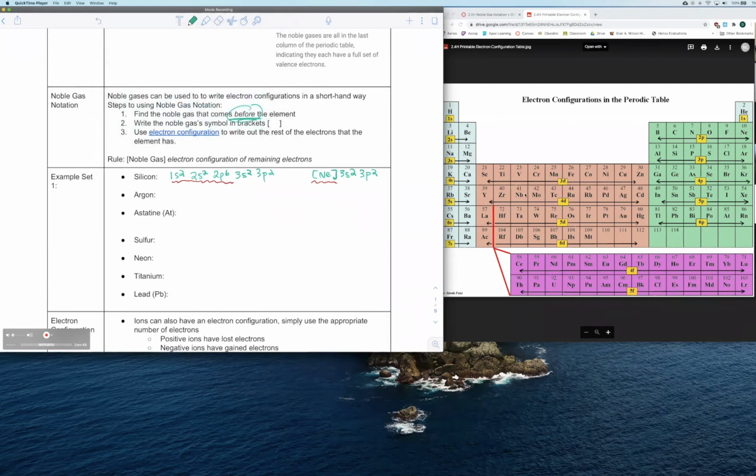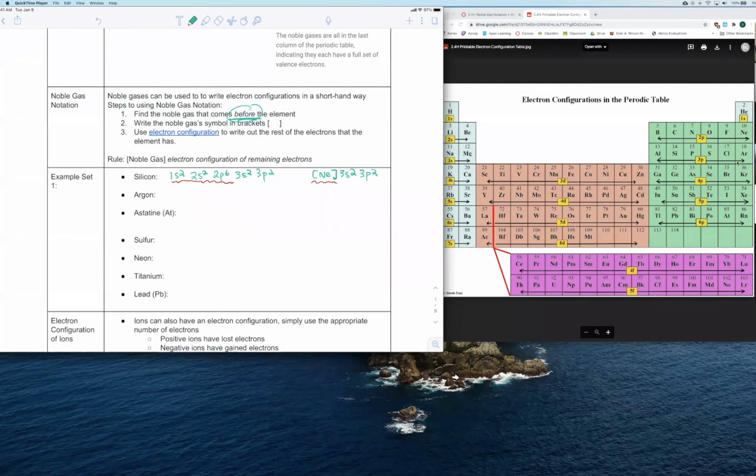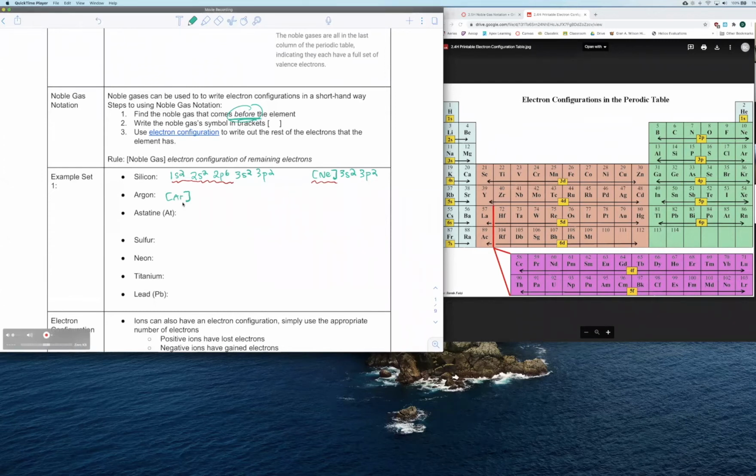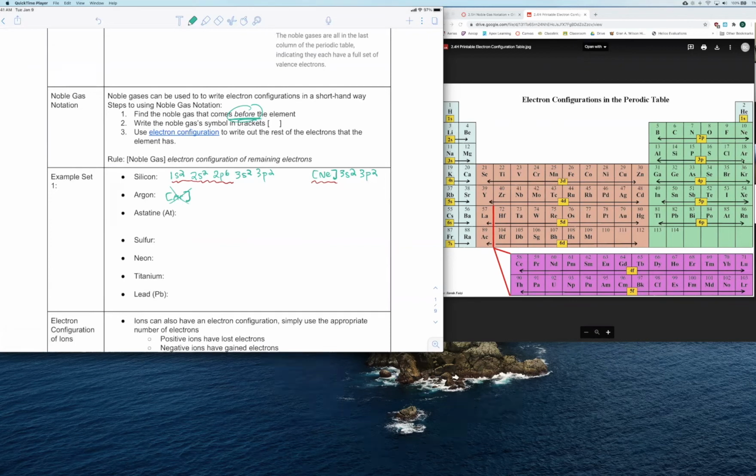Here we have argon, and argon is itself a noble gas. Even though argon is a noble gas, you can't just write bracket Ar and finish. You still have to choose the noble gas that comes before the element. So the noble gas that comes before argon would be neon.